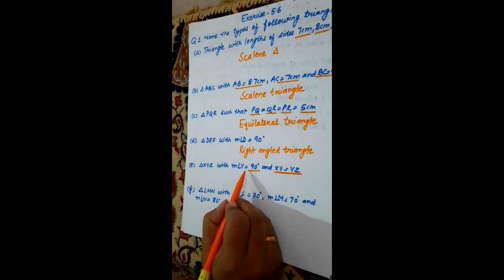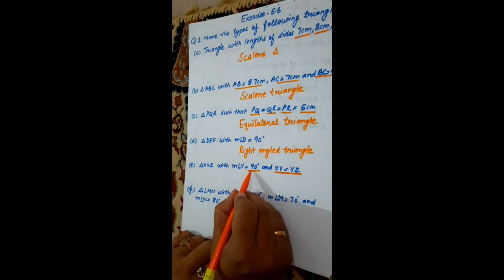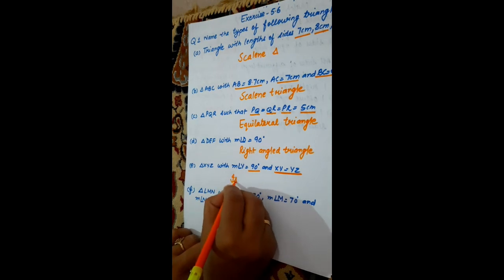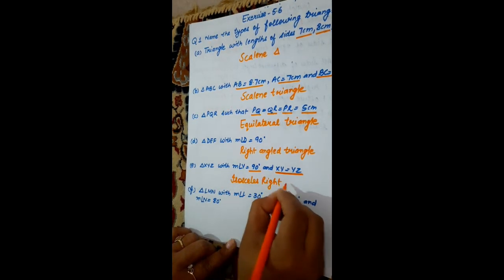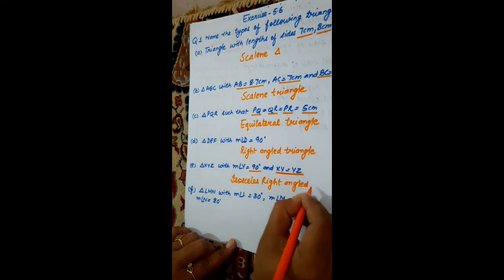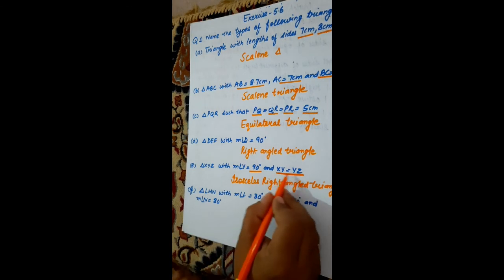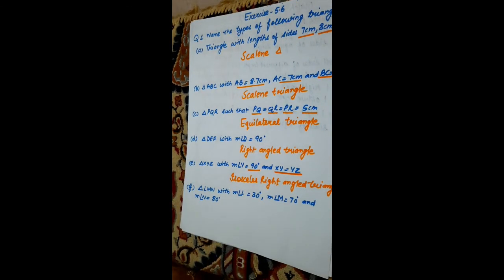It means one angle is of 90 degree and two sides are equal. If one angle is of 90 degree and two sides are equal, then this is an isosceles right angled triangle.